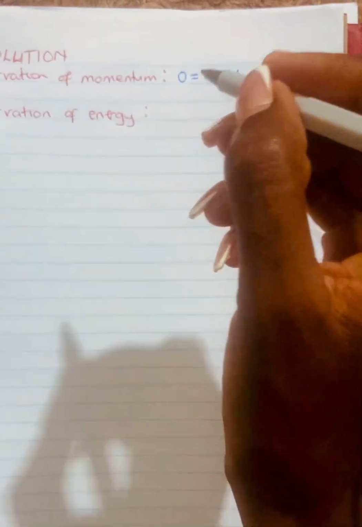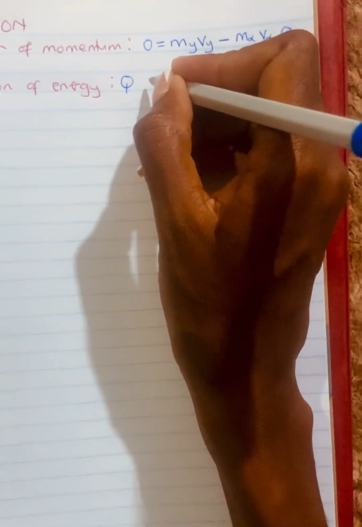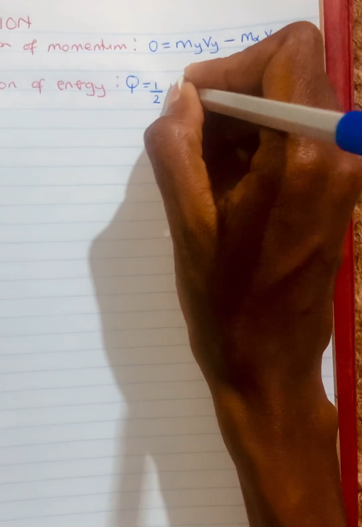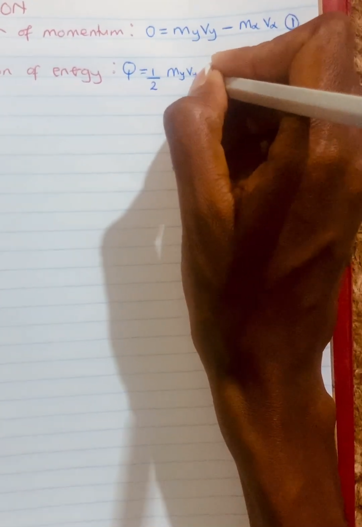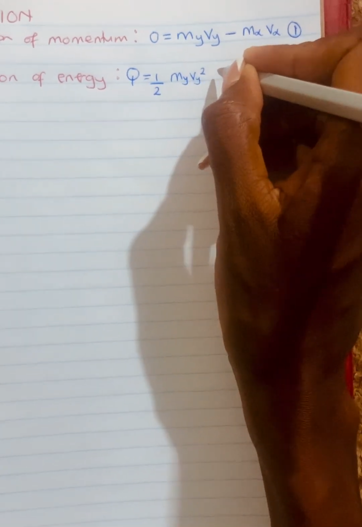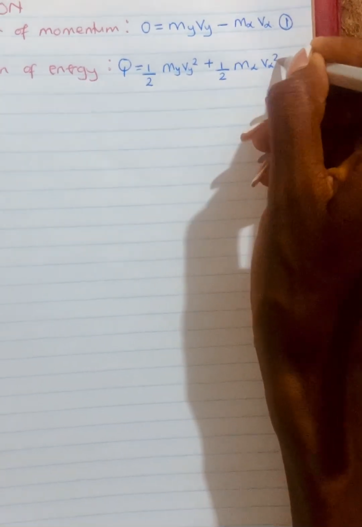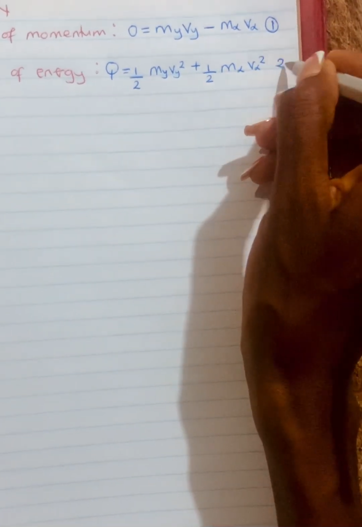And then the conservation of energy is Q equals 1 over 2 m_Y v_Y squared plus 1 over 2 m_alpha v_alpha squared. And this is going to be our equation 2. I hope you guys are following closely.